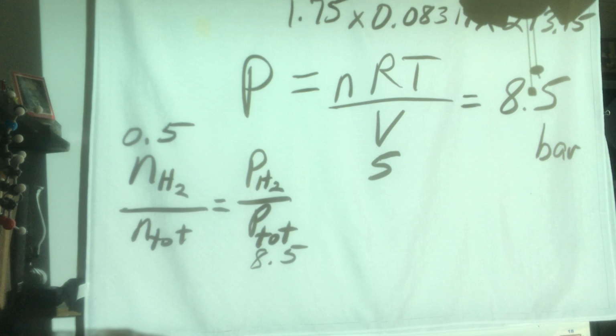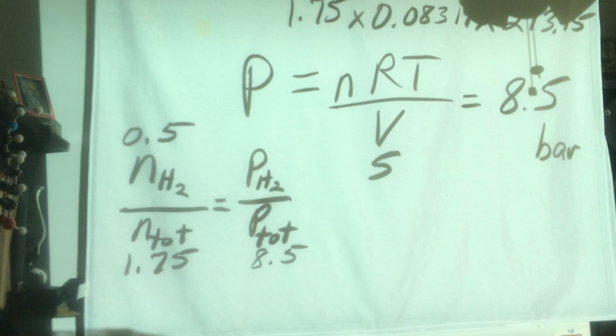The number of moles total was 1.75. So you cross multiply: 0.5 times 8.5 equals 1.75 times the partial pressure of H2. And you divide the answer you got from the first two numbers by 1.75 and you'll have the partial pressure of hydrogen gas.